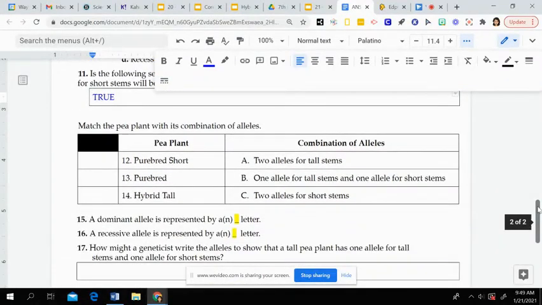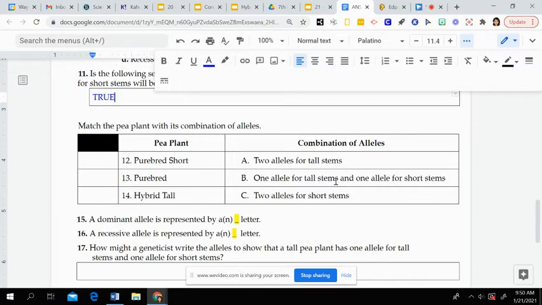Then going through matching the pea plants with how they were mixed and their alleles. If you look at page 114, that kind of helps it out as well. But a purebred means that it has the same alleles. And then a hybrid means that it has one allele for each trait. So there's 2 different alleles for the trait.